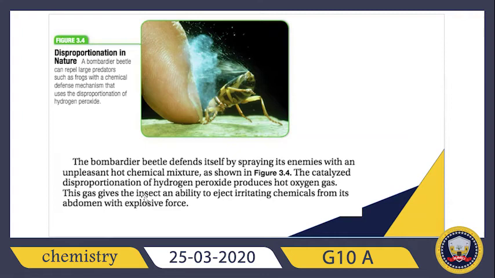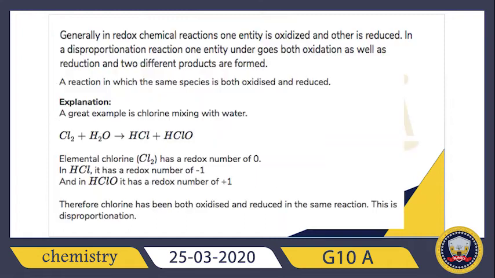The catalyzed disproportionation of hydrogen peroxide produces hot oxygen gas. This gas gives the insect an ability to eject irritating chemicals from its abdomen with explosive force. Now, one more example also.